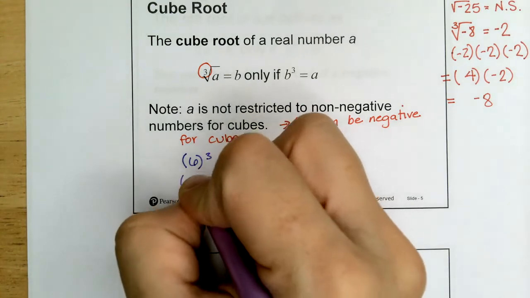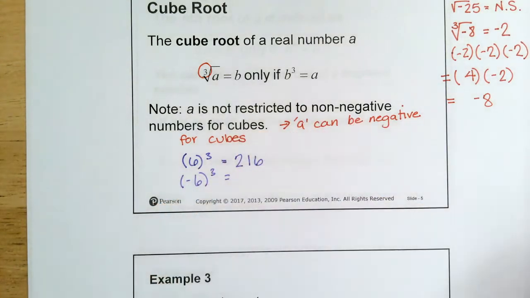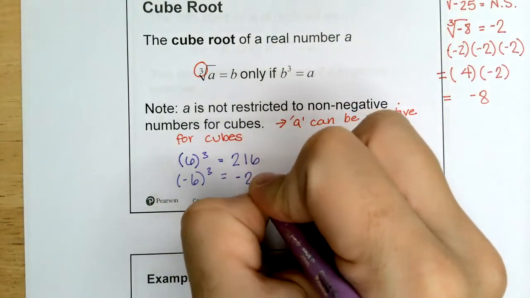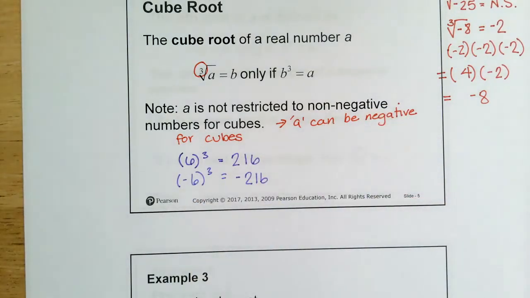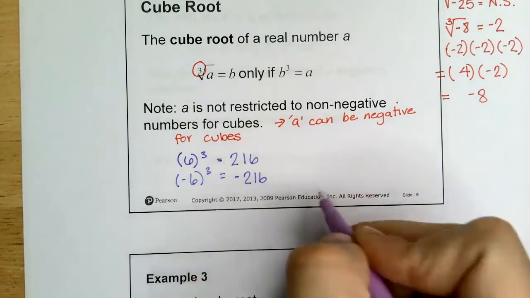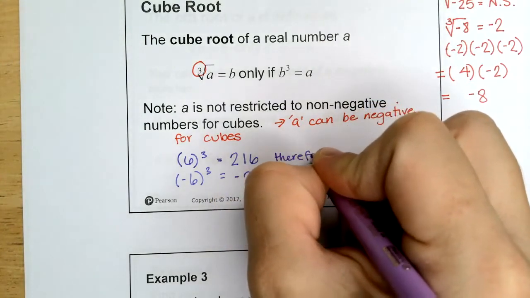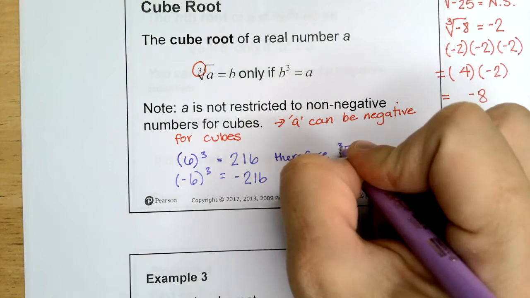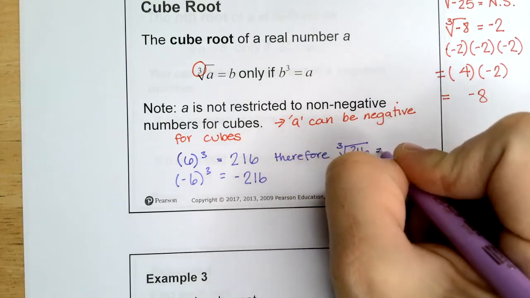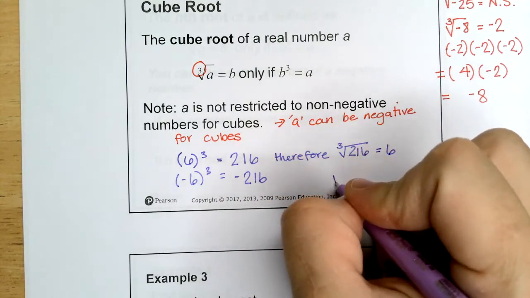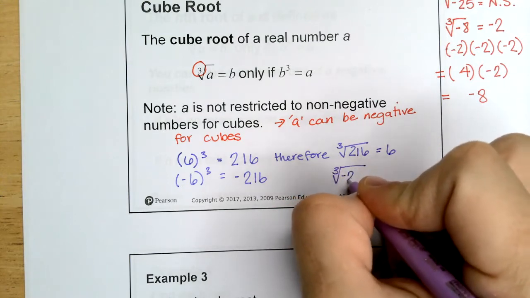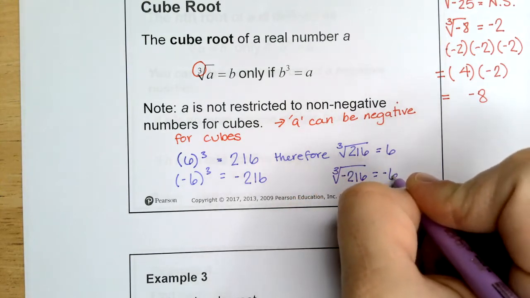Negative 6 cubed is negative 216. There are 2 different answers for each of those. Therefore, the cube root of 216 is 6, and the cube root of negative 216 is negative 6.